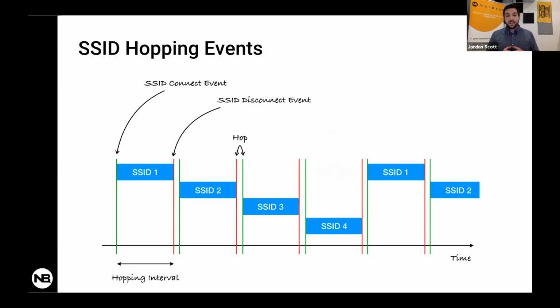A benefit of SSID hopping is that when the Wi-Fi sensors test the connection time and authentication to each SSID, you'll get notified if there's any sort of issue. Also, during the hopping interval, Wi-Fi sensors run user-defined tests via monitoring targets, something that we discussed before, to the web or cloud applications, as well as network performance tests, such as iPerf or speed tests, on the different networks.